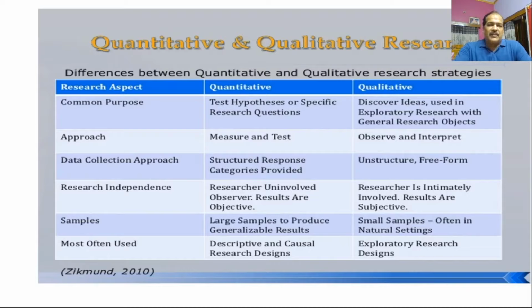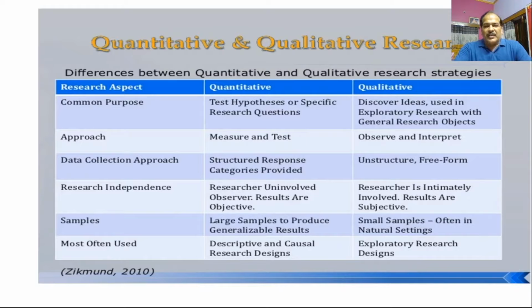In the case of the quantitative method, the sample can be large and it is possible to make generalization from the result, while in the case of the qualitative method, the sample size is very small and it gives very specific advantage.